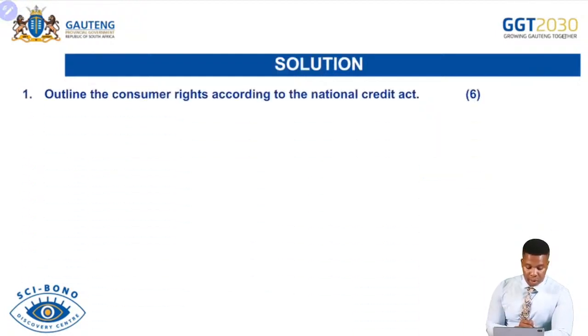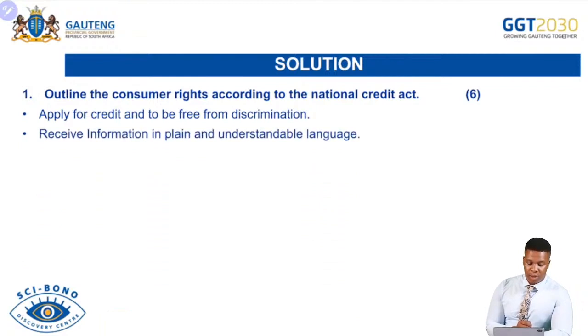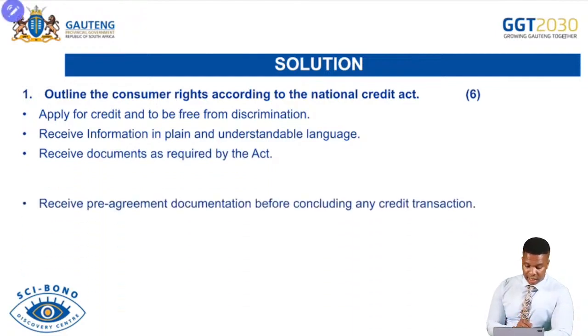The first question, remember, was on outlining the consumer rights according to the National Credit Act. The first right is to apply for credit and to be free from discrimination. The other one is to receive information in plain and understandable language. And the other one is to receive documents as required by the Act, which is the National Credit Act.